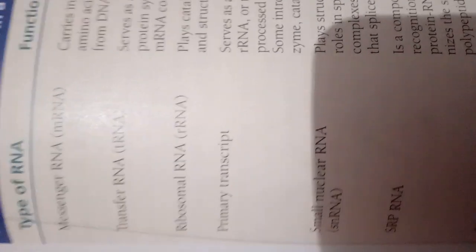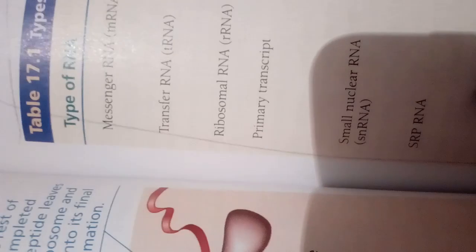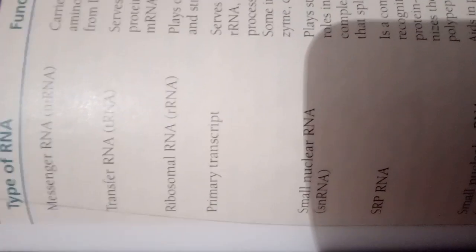Another type of RNA is small nuclear RNA, in brackets snRNA. The function is playing structural and catalytic roles in spliceosomes, the complexes of proteins and RNA that splice pre-mRNA. Also, the type of RNA is SRP RNA. It is a component of the signal recognition particle, SRP, the protein-RNA complex that recognizes the signal peptides of polypeptides targeted to the ER.